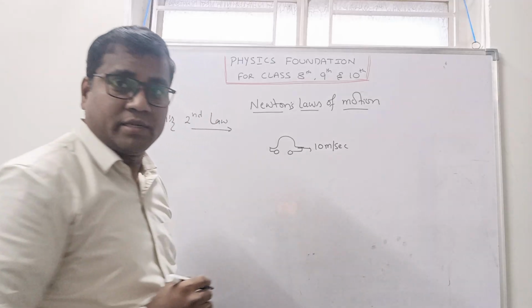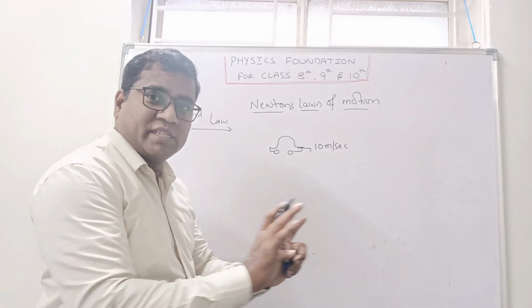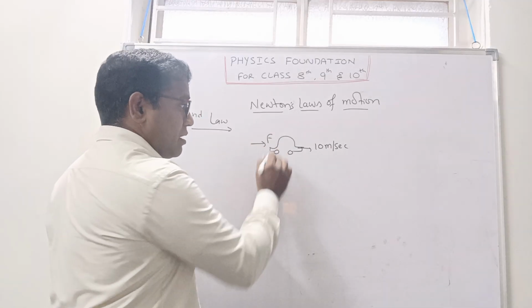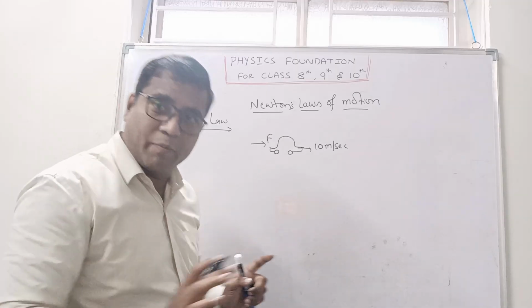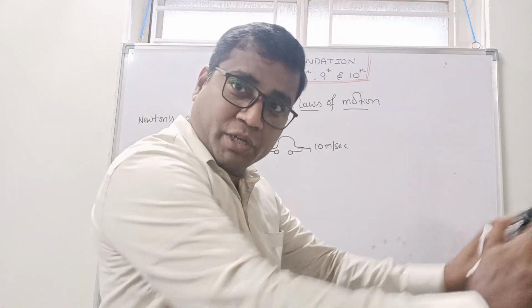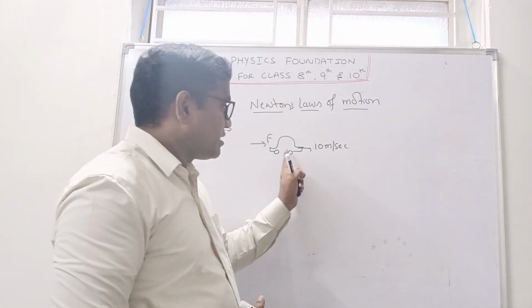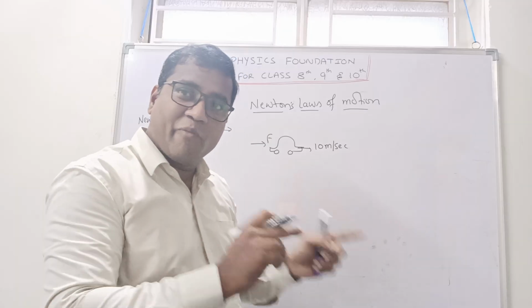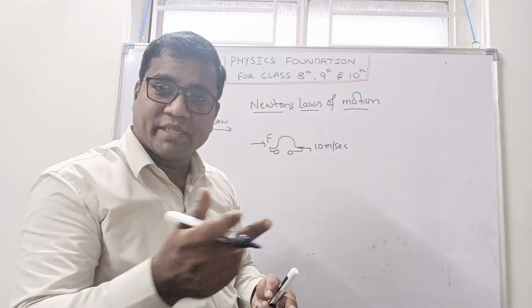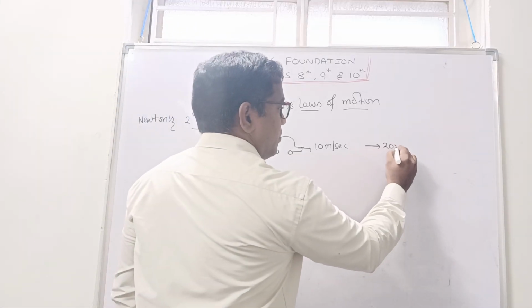When it is moving in this direction with 10 meter per second, I apply some force. I push the car. When I push, will this car move with the same velocity, or will the velocity increase? Its velocity will increase. So here, for example, I will write 20 meter per second.